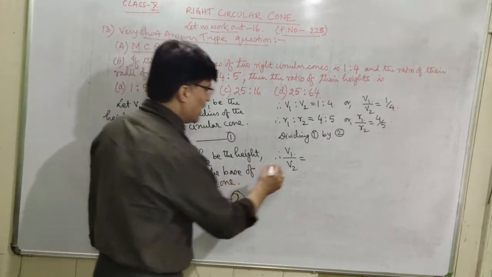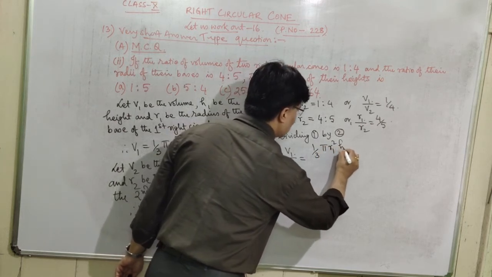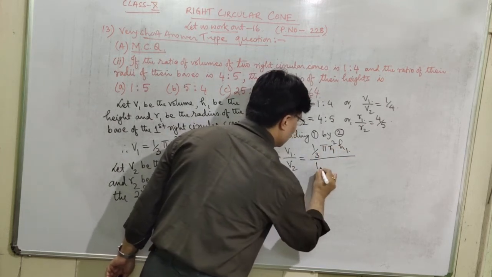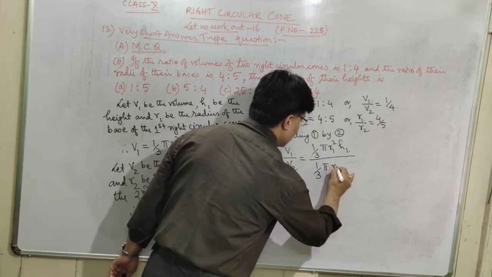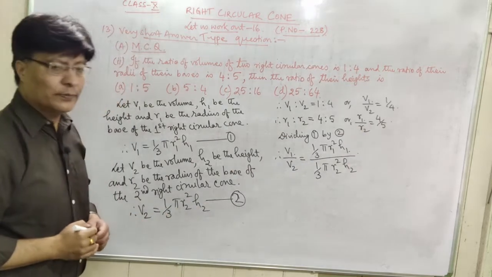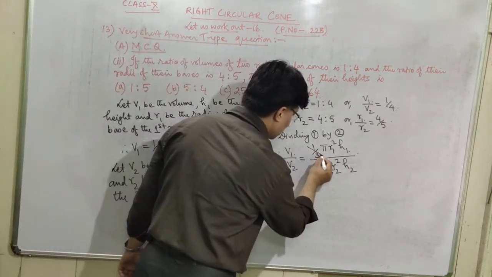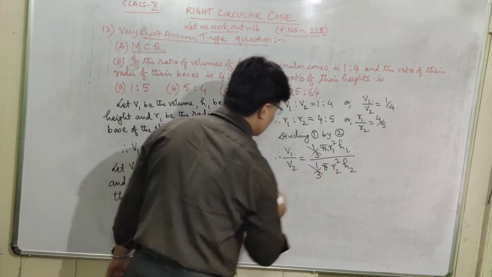That is 1/3 pi R1 square H1 divided by 1/3 pi R2 square H2. So I think you have understood it. So let us cancel them. Similar terms can be cancelled. 1/3 and pi will be cancelled.